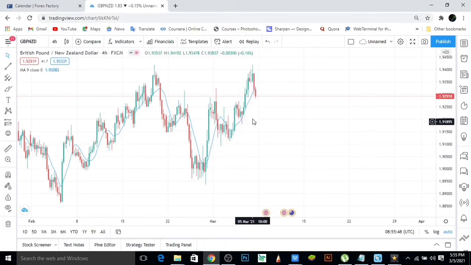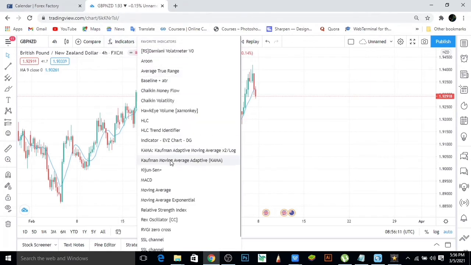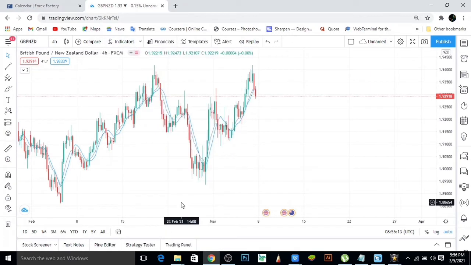Exponential moving average gives more weight to more recent prices. So it makes sense that the exponential moving average will react to price faster than the simple moving average will, because it's giving more weight to more recent prices, basically, right?